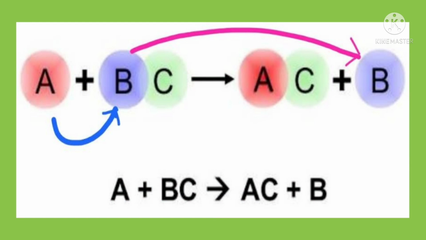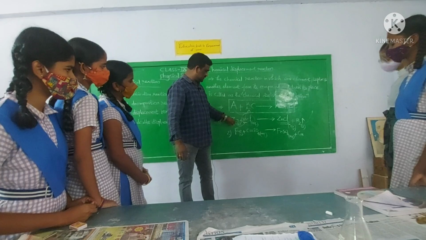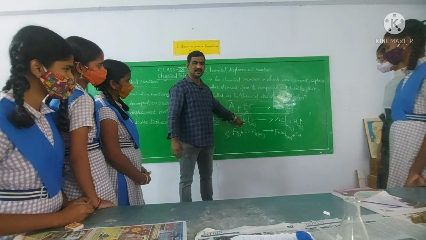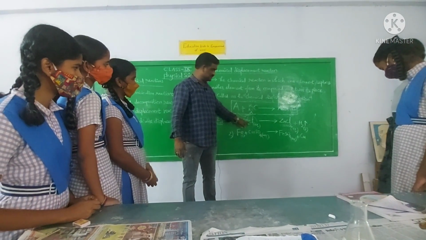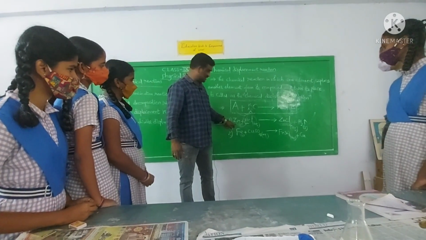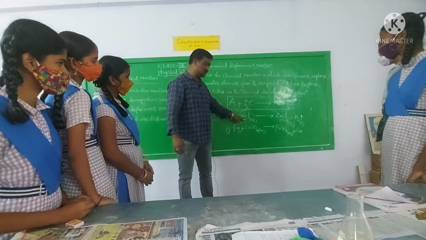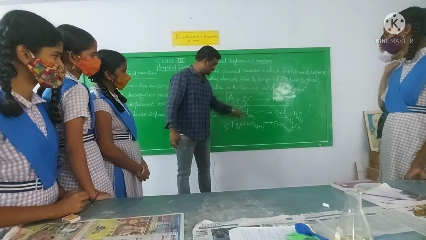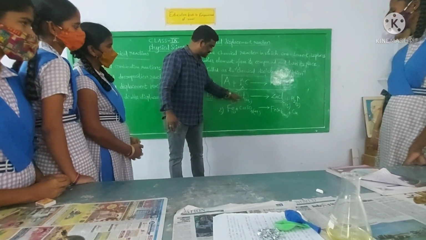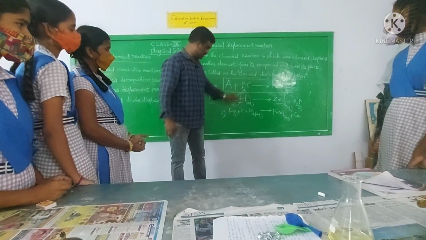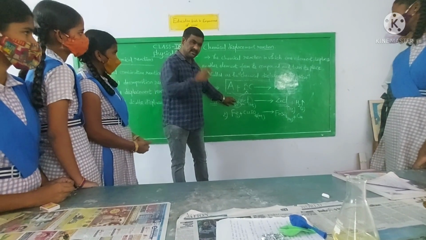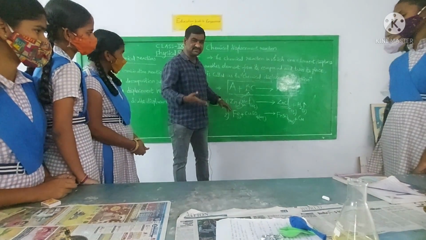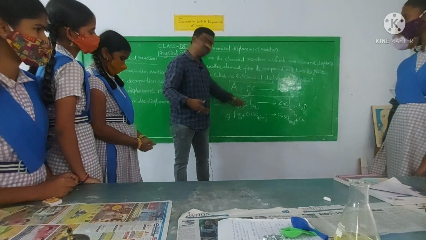For example, whenever zinc reacts with dilute hydrochloric acid, the zinc element displaces the hydrogen element from the compound HCl. Here HCl is a compound, zinc is an element. The reactivity of zinc is more than that of hydrogen.